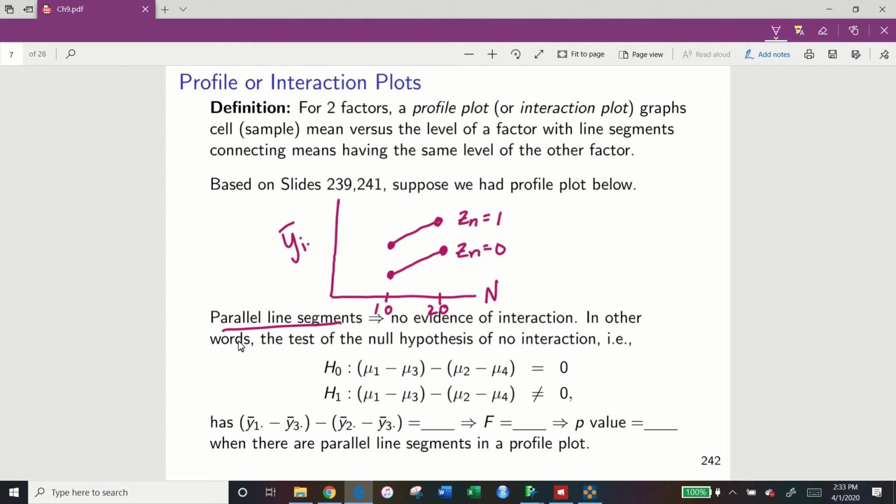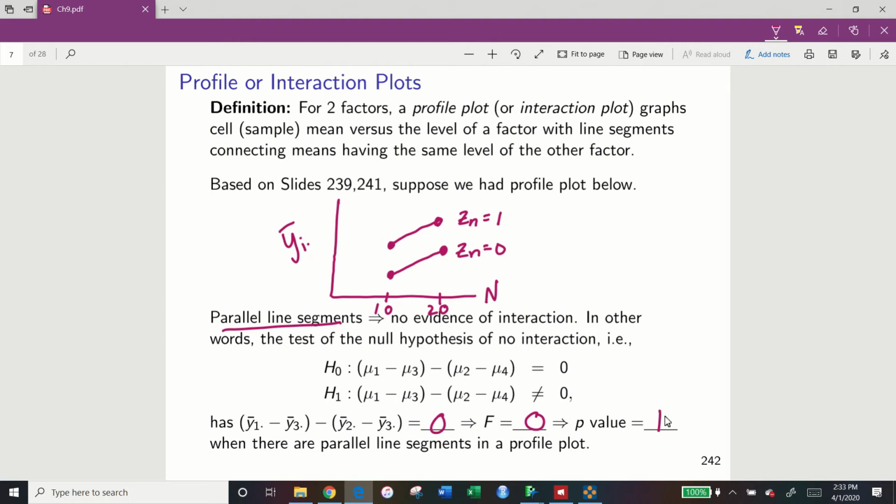In other words, a test of the null hypothesis, (mu1 minus mu3) minus (mu2 minus mu4) equal to 0, or the alternative, when it's not equal to 0, has (mu1 dot bar minus mu3 dot bar) minus (mu2 dot bar minus mu3 dot bar) equal to 0, which would mean that in an overall F-test, our F-test would be 0, and we would have a p-value of 1.